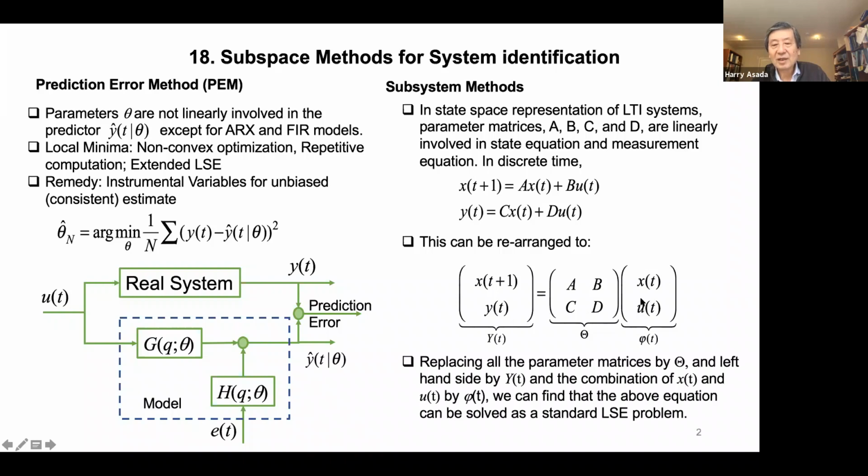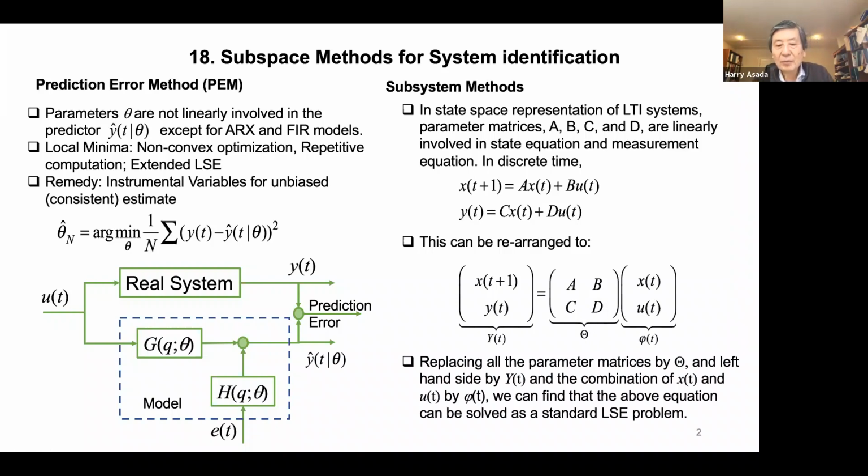These two are related by a matrix consisting of blocks A, B, C, D. So if you treat this as one big parameter matrix, not a vector but a matrix this time, and the combination of x_t and u_t as the regressor phi_t, this is a linear regressor. y_t is given by the product between the parameter matrix and the regressor, right?